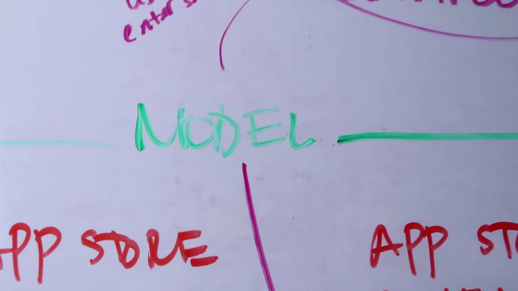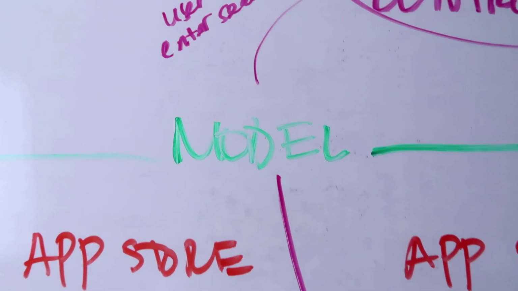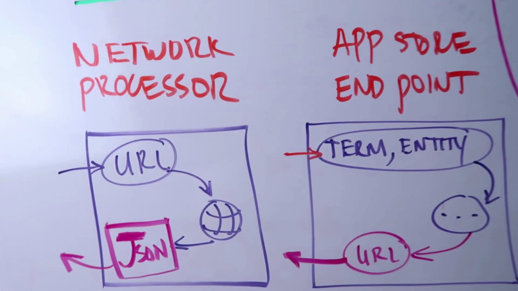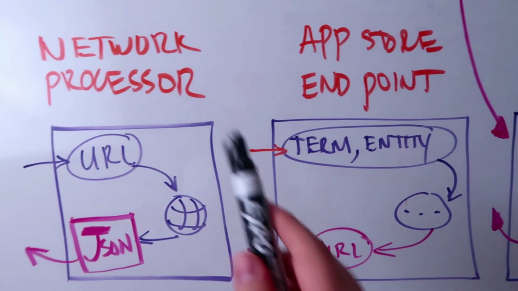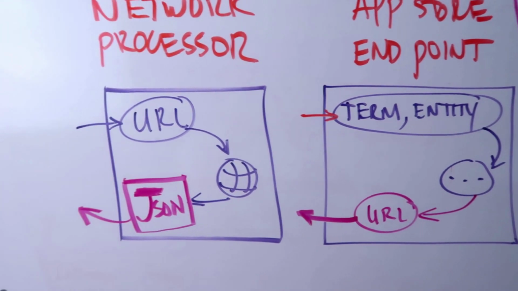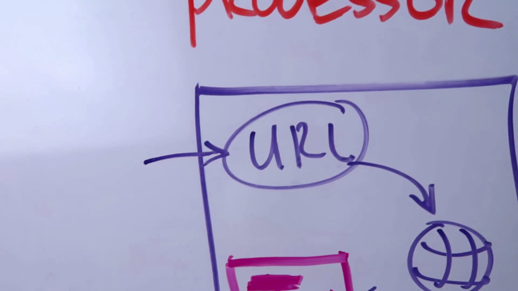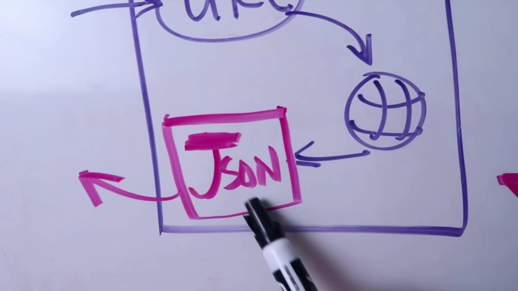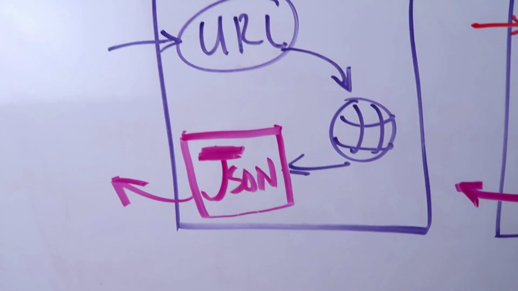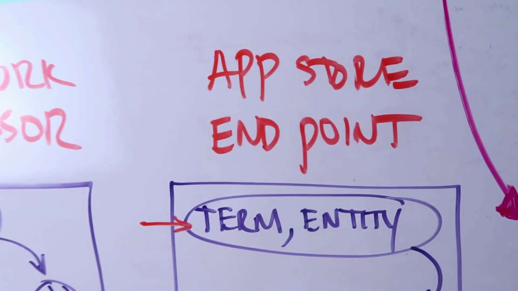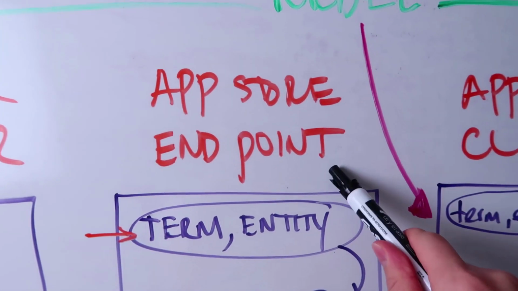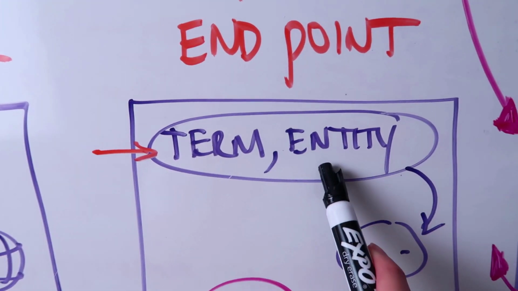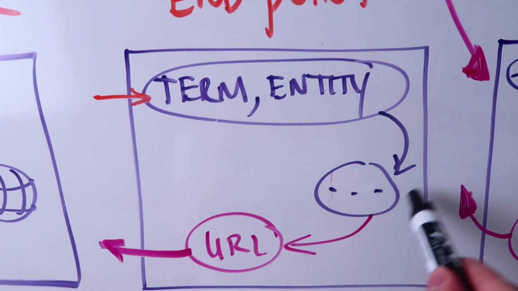At this stage in our app, in the model, we now have two classes, two objects that do their job, right? The network processor that we have over here takes a URL or URLRequest, goes off to the internet, and returns us some JSON. And then in the last session, we did the App Store endpoint, which is a class that takes in a string, the term or the entity, and then it does something over here, right?